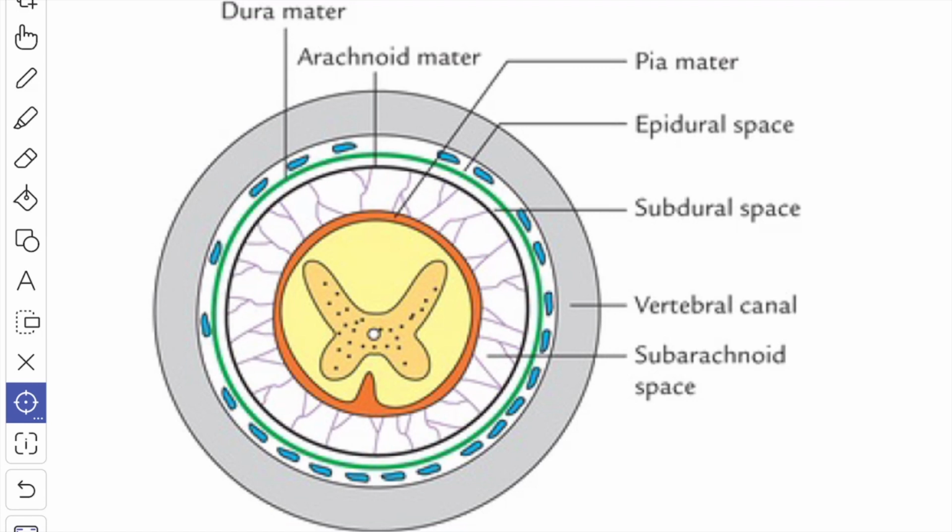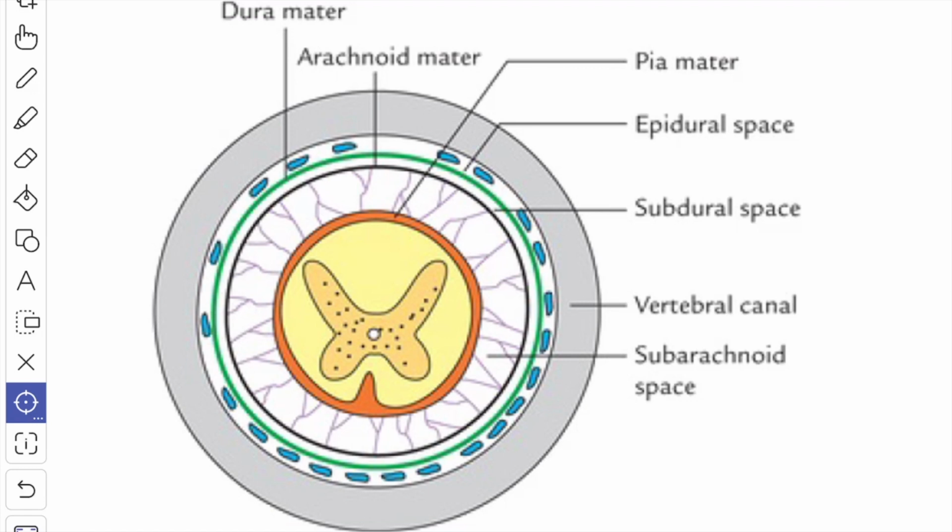Next we'll see about the differences between the spinal and the cranial dura mater. The spinal dura mater is a single layer and consists of meningeal layer only, whereas the cranial dura mater is a double layer and consists of an inner meningeal layer and an outer endosteal layer.